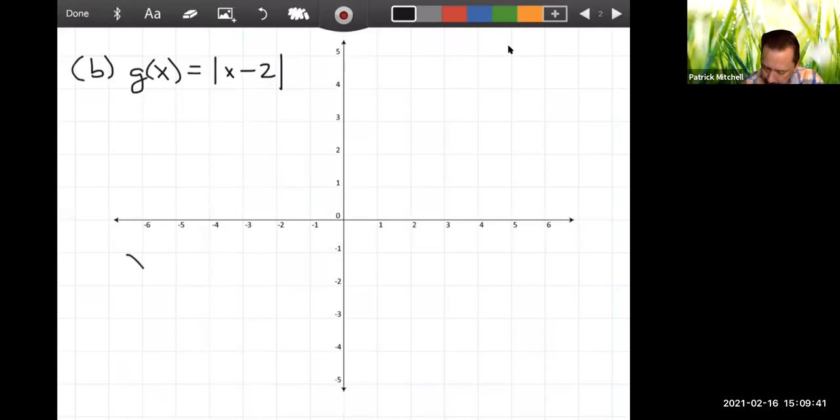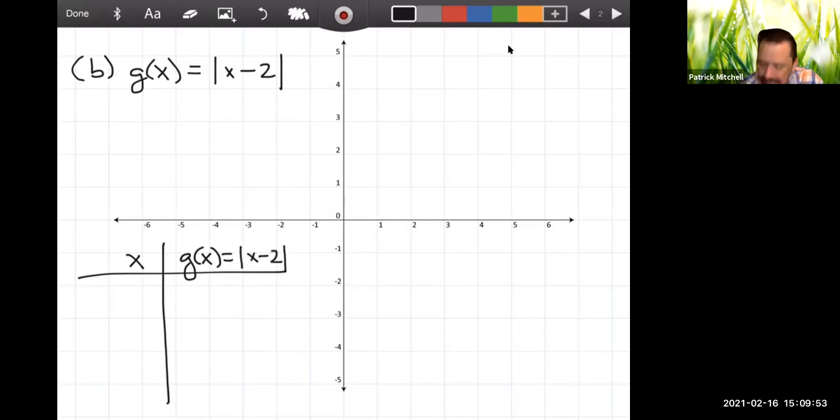So I'm going to set up my table. And I'm going to give you the same advice that I gave you about the other problem. Think about the number that makes that inside function equal 0. So what is the number that makes x minus 2 equal 0? That number is 2, positive 2.